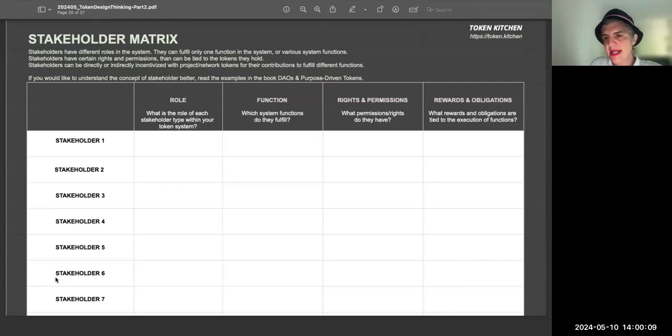The problem was that over the years, Helium had many hotspots. They called these mini antennas that you could buy and put in your home and earn tokens for relaying data hotspots. So the network over the years had many hotspot operators, but they never had people who used the telecommunication network to relay data, right?